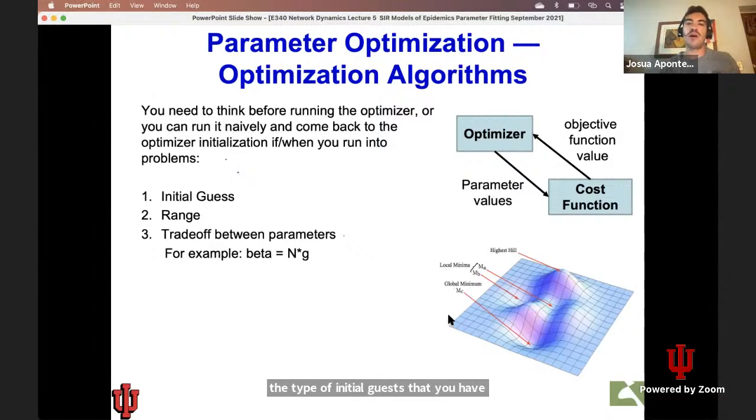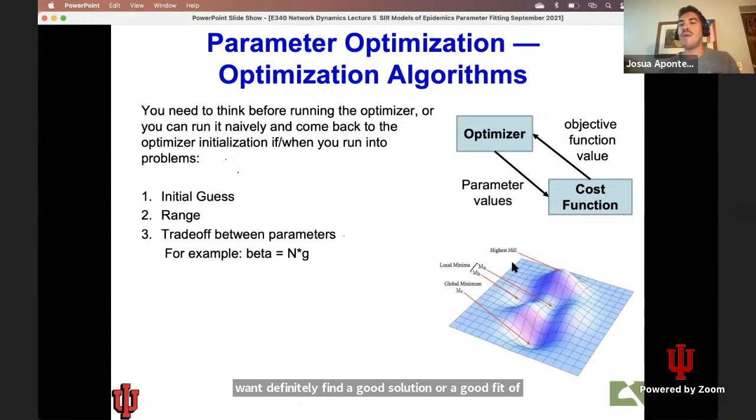There's also a problem of the range in which you want your optimization to explore the landscape, right? Because if I restrict my optimizer to look into only this part of the space, it definitely won't find a good solution, or a good fit of the model to the data.